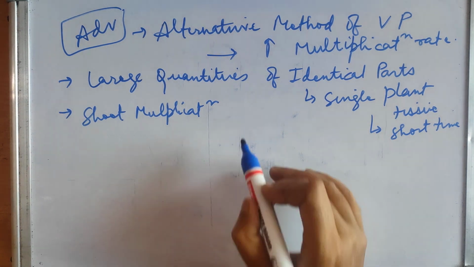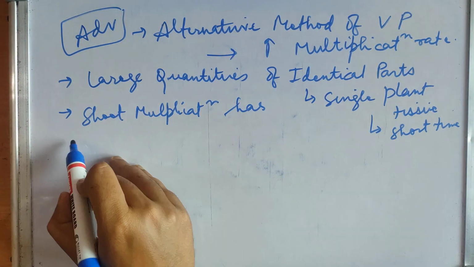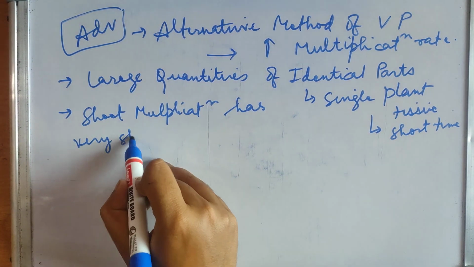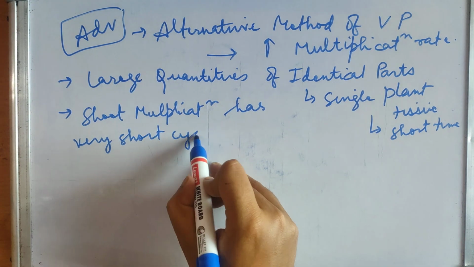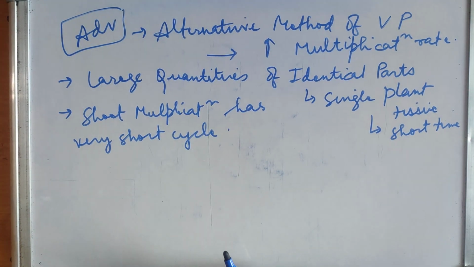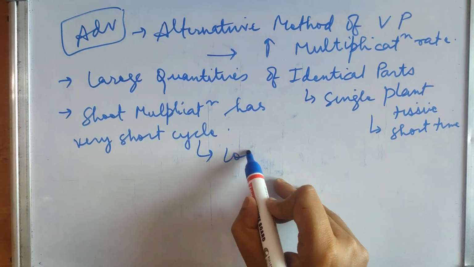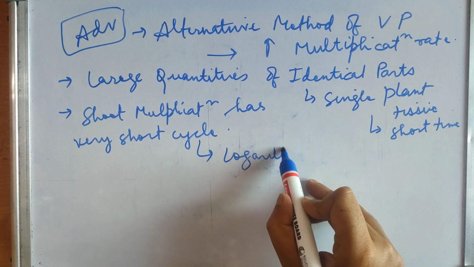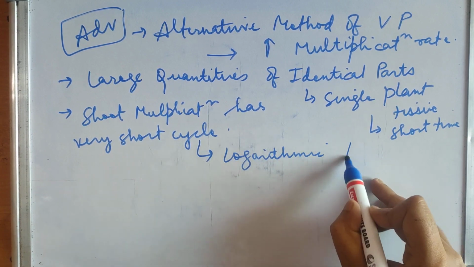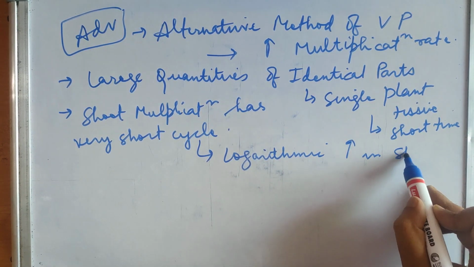Shoot multiplication has a very short cycle, and each cycle results in a logarithmic increase in number of shoots.